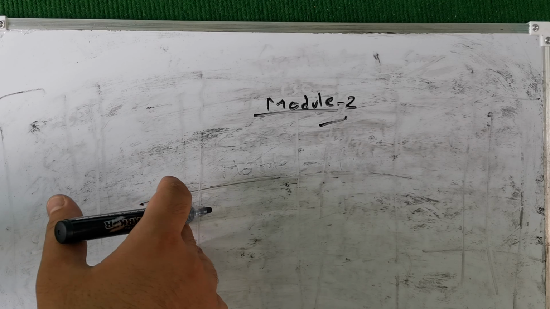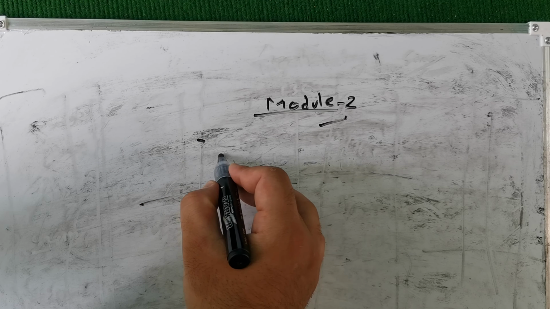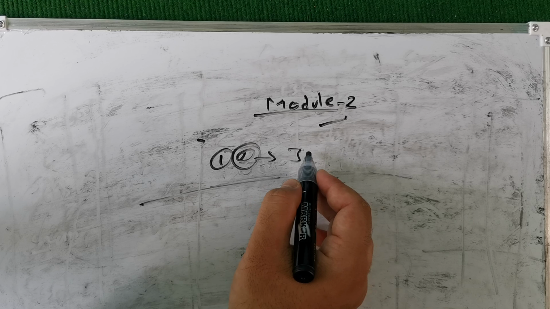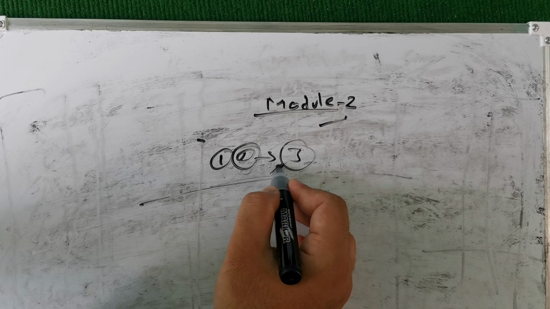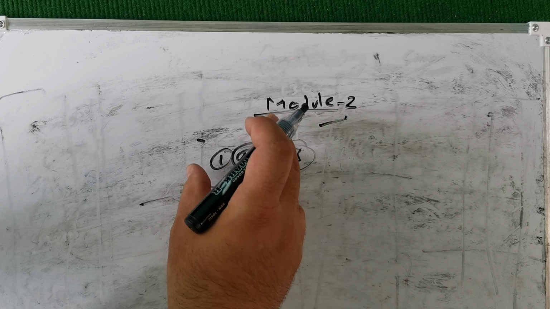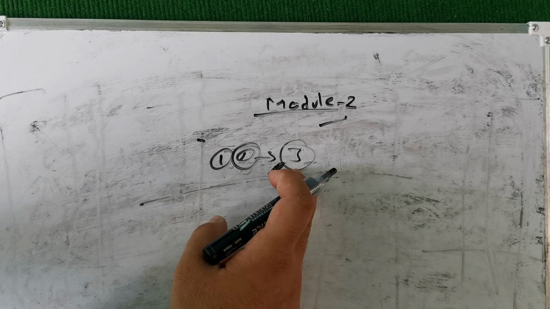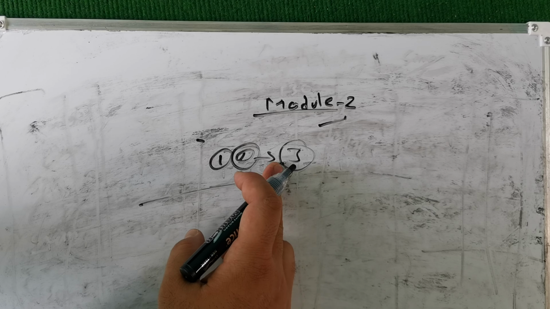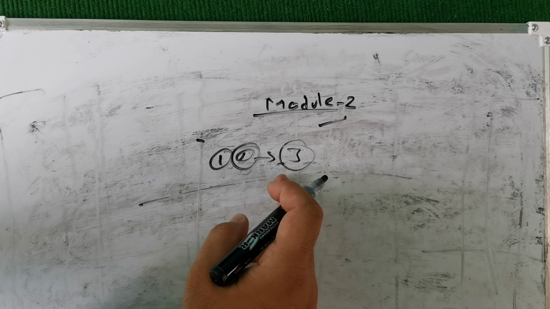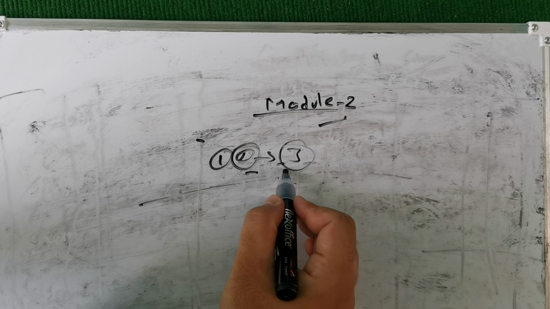And why am I going to module 2? Because module 1 and module 2 are the basic for everything. Module 2 is the basic for module 3, because module 3 is electrical fundamentals, so it is very necessary to understand module 2 for module 3.